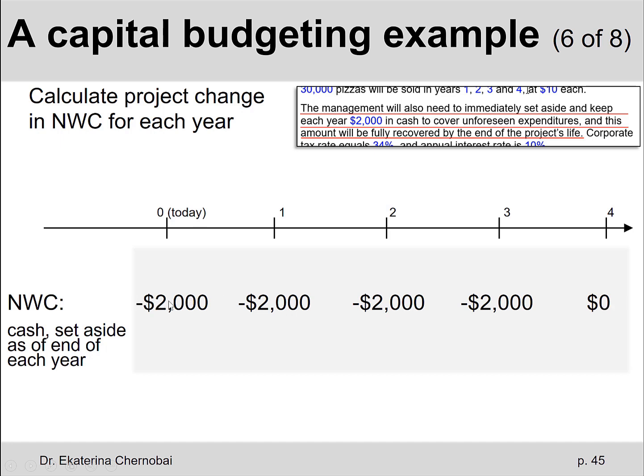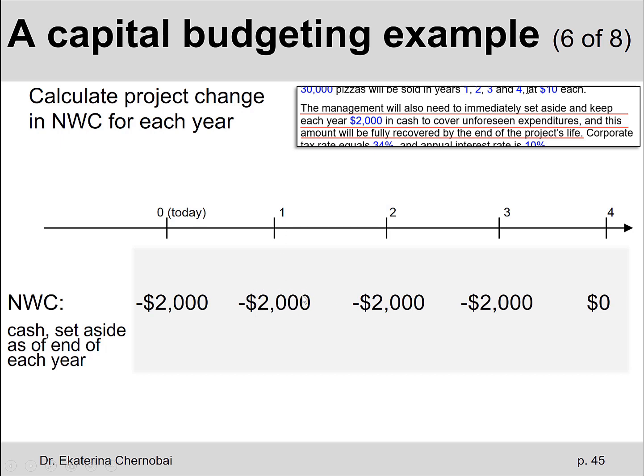So we have minus $2,000 in year 0, an immediate drop or investment, right? Cash outflow. Then you put $2,000 negative under year 1, which indicates that we have the same total amount of cash in our reserve as of end of year 1.